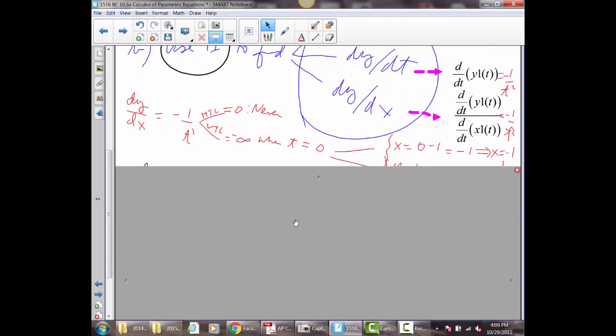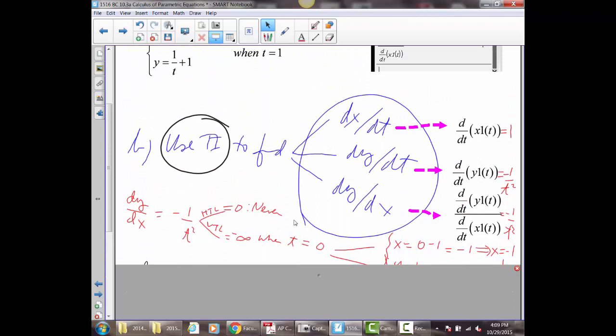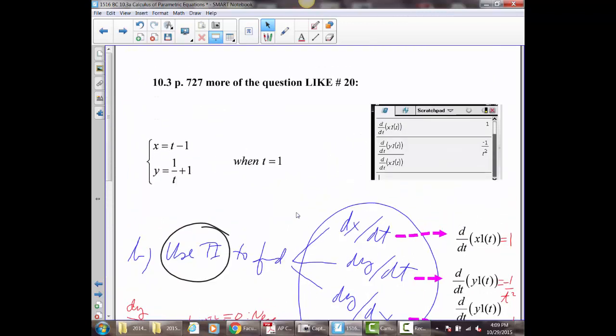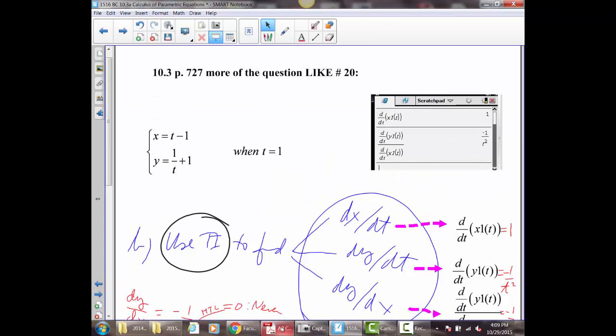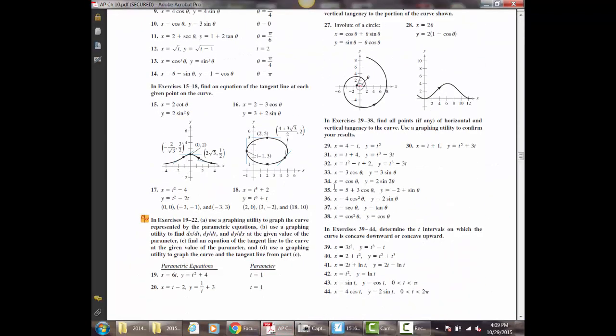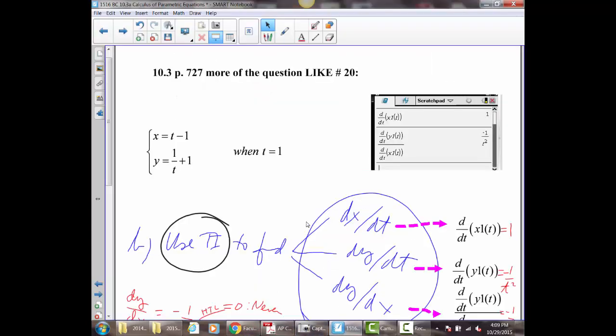Okay, so the question, let me go back and look at that question. This is like number 20. Find an equation of the tangent line and graph it and the tangent line.